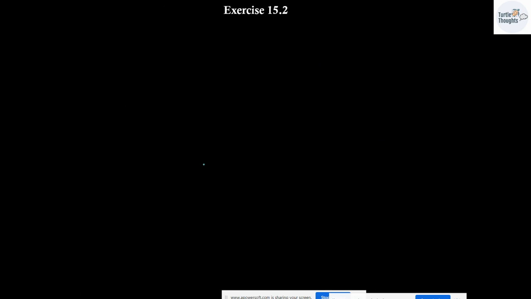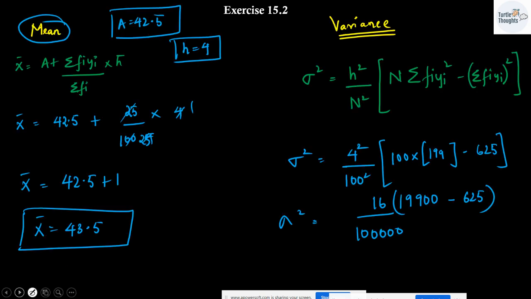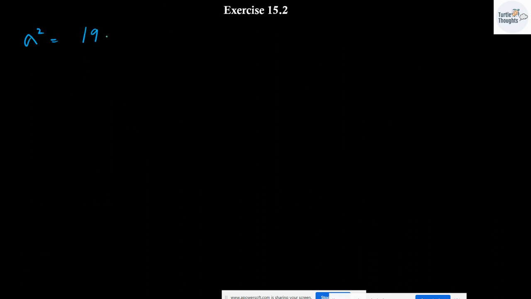This is going to be the value of the variance. You will be getting here 19,900 minus 625. I can take the LCM. Taking the LCM, we will be getting the value as 16, 16 minus 1, it is going to be 19,275 divided by 625.